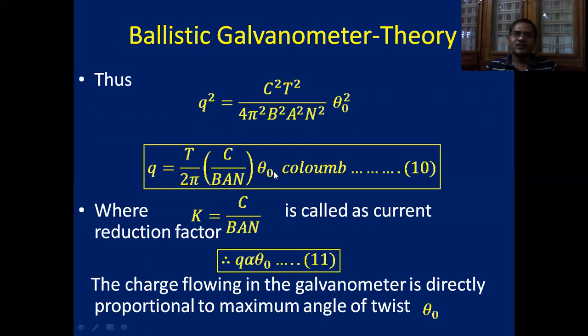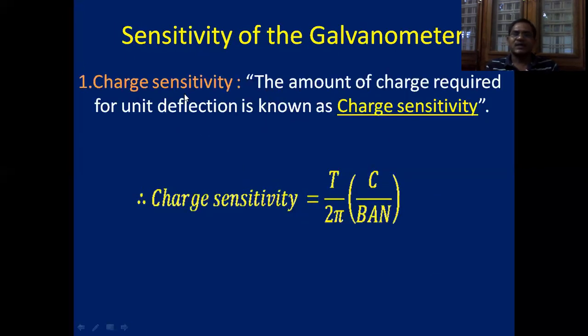In this, if you substitute theta naught equal to 1, that is the unit deflection, then you will get Q equal to T by 2 pi, C by B A N. That is the charge sensitivity. Therefore, we write charge sensitivity equal to T by 2 pi into C by BAN. This is the amount of charge required to produce unit deflection, called charge sensitivity.